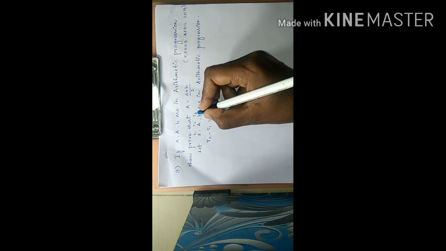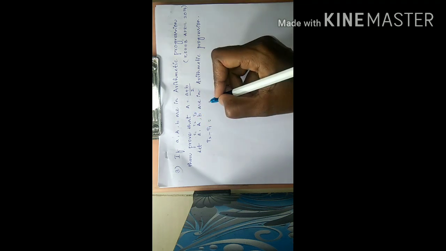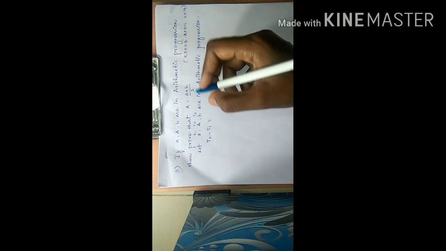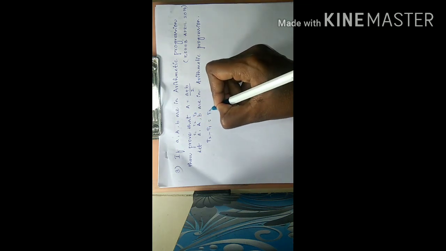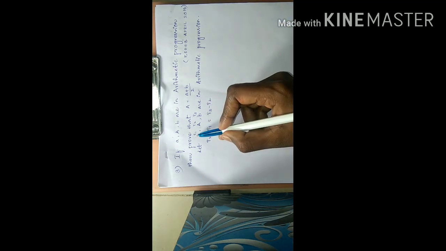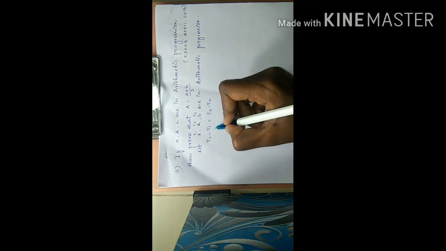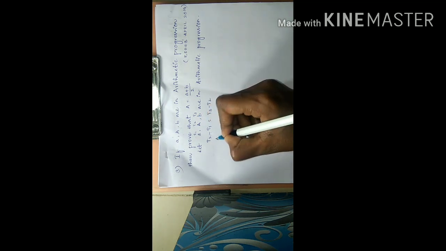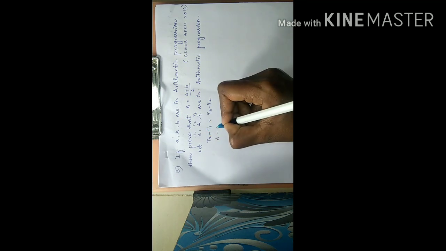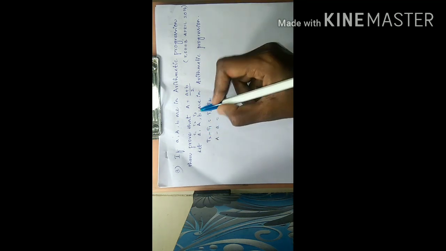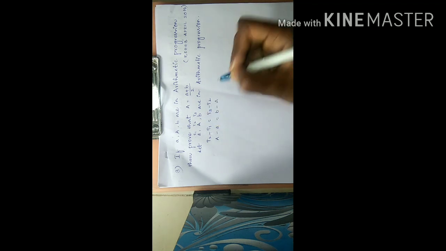We can write T3 minus T2 also, because the common difference is the same. So T2 minus T1 is equal to T3 minus T2. Now what is T2? Capital A. What is T1? Small a. That is equal to T3, which is b, minus T2, which is A.